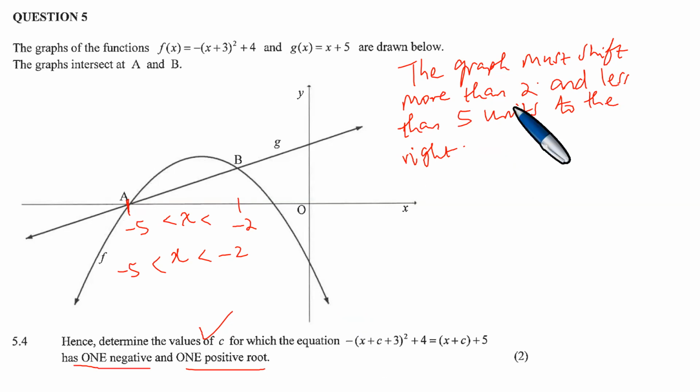Right, so if the graph shifts more than 2 units and less than 5 units to the right, it means therefore that our C will therefore lie between -5 and -2.